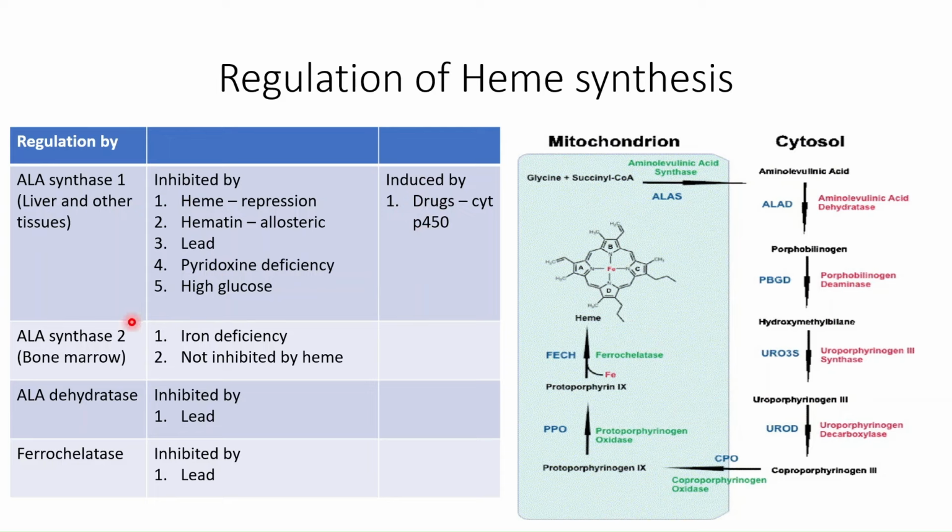Now ALA synthase 2, which is present in the bone marrow, is inhibited when there is iron deficiency. Heme does not have a feedback inhibition for ALA synthase 2. ALA dehydratase is also inhibited by lead, and ferrochelatase is also inhibited by lead. So this is how the regulation of heme synthesis takes place.